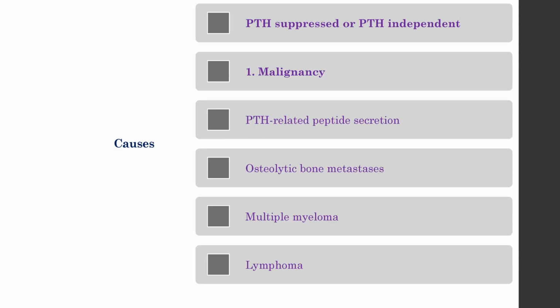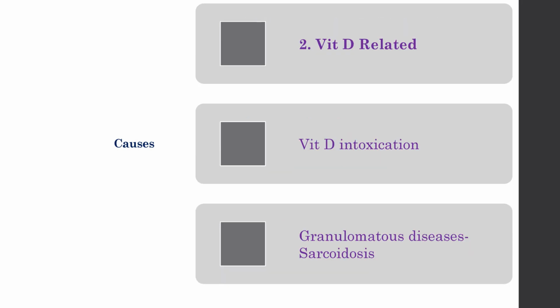PTH suppressed, or PTH-independent hypercalcemia. Common causes include malignancy. Examples are PTH-related peptide secretion, osteolytic bone metastases, multiple myeloma, and lymphoma. Vitamin D-related: vitamin D intoxication and granulomatous diseases like sarcoidosis and tuberculosis.